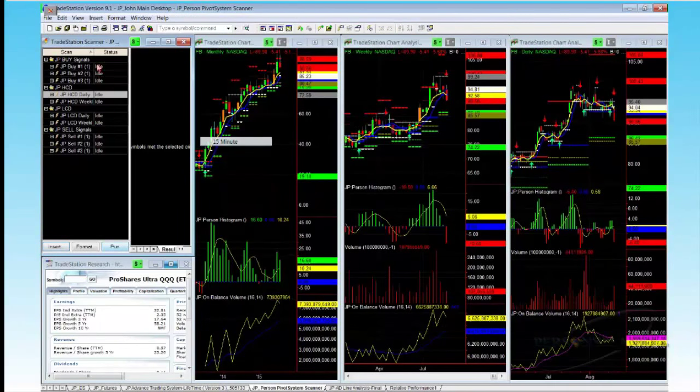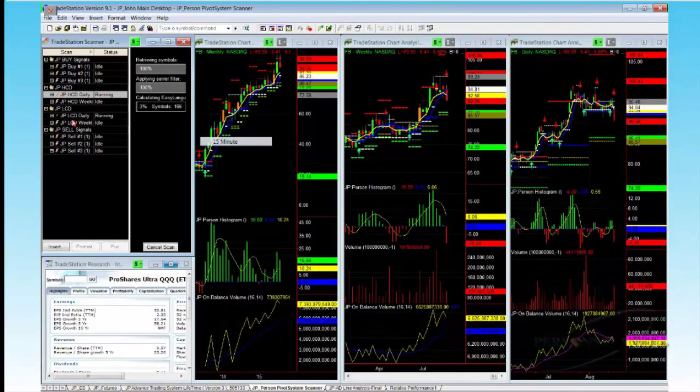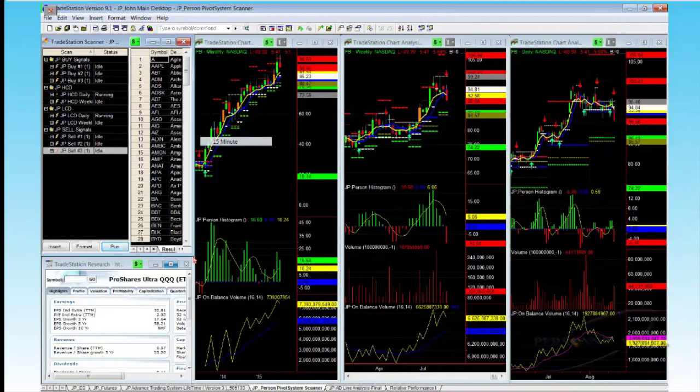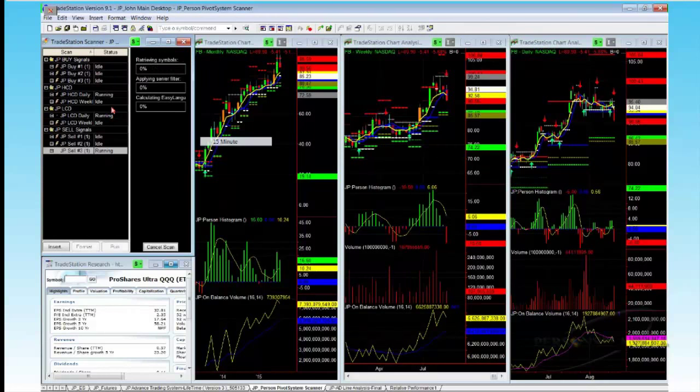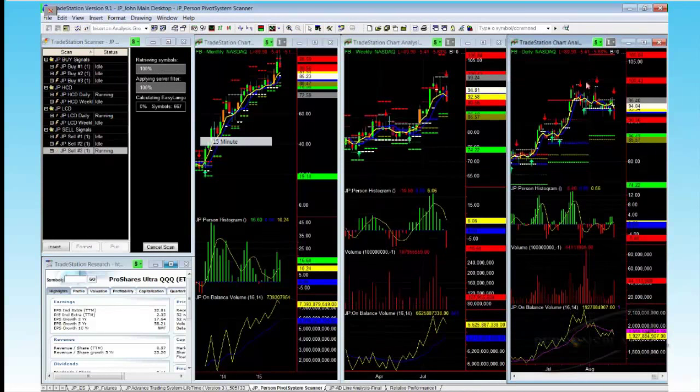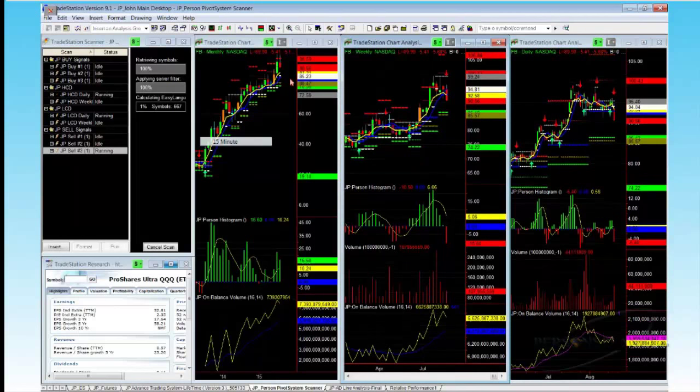How many LCDs or high closed dojis or low closed dojis do I get? When we do that type of analysis, I have the reds and the greens on the chart, on the daily, the weekly, and the monthly. So it's always in front of me, and I can run the scan. I say, wow, that looks pretty powerful.